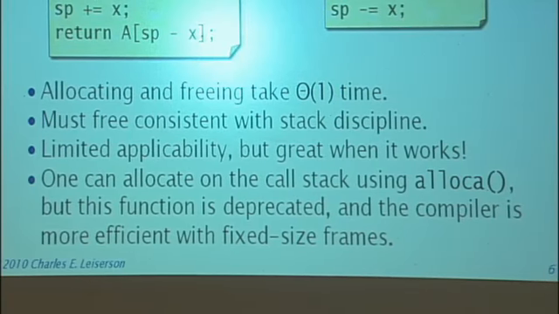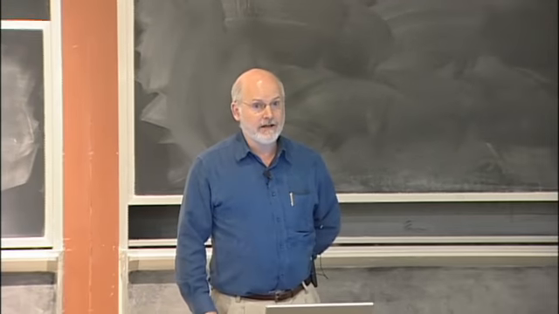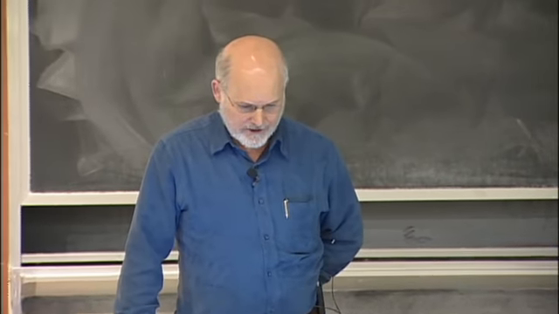But you're required to free memory consistent with the stack discipline, which is the last in, first out discipline. So you don't get to free something that you allocated long ago until you freed everything else that's been allocated since. Therefore it has limited applicability, but it's great when it works.